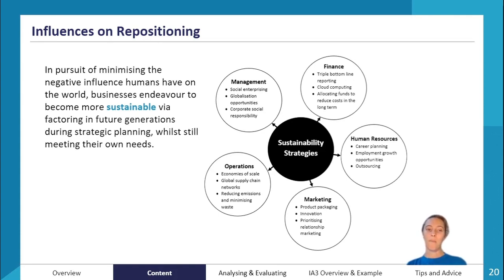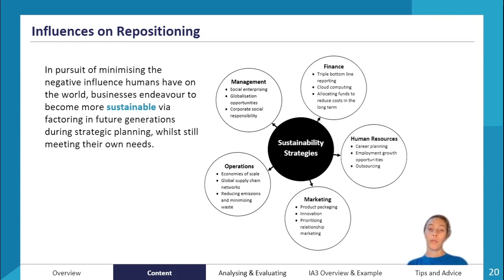This is all about thinking about future generations during strategic planning, while still meeting their own needs as well. With sustainability, you have that balance between needing to make sure the business is still running and doing well financially, but doing all of that while being sustainable.